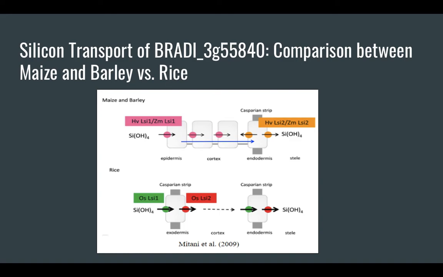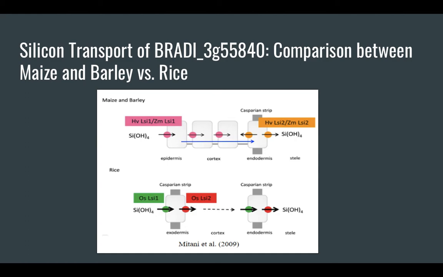The transportation of silicon is more similar to how silicon in maize and barley is transported rather than rice. In maize and barley, silicon in the form of SiOH4 goes through the epidermis to the cortex. After the silicon goes through the cortex, it gets transported to the endodermis into the stele. The stele transports silicon into the rest of the plant.